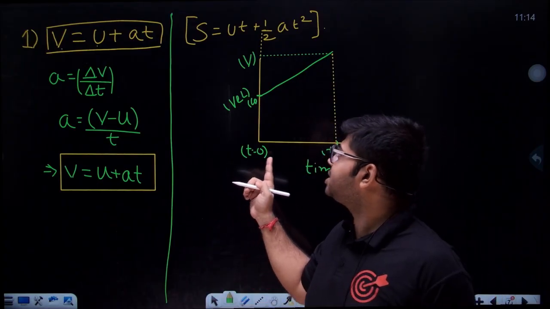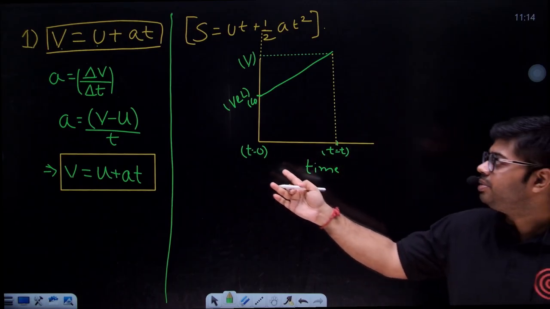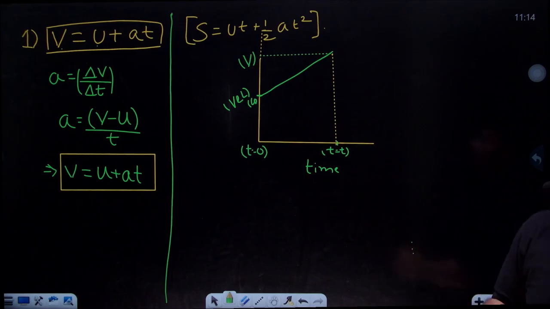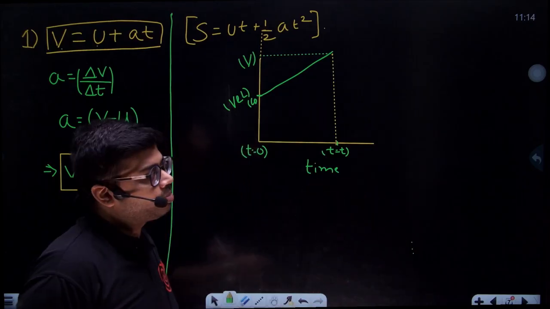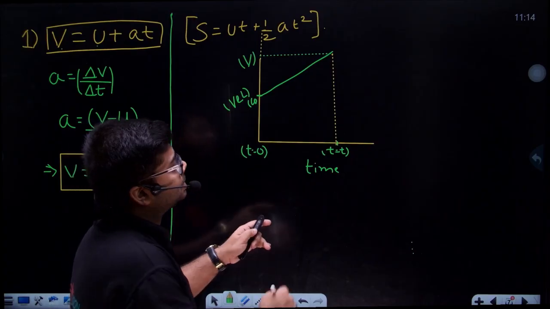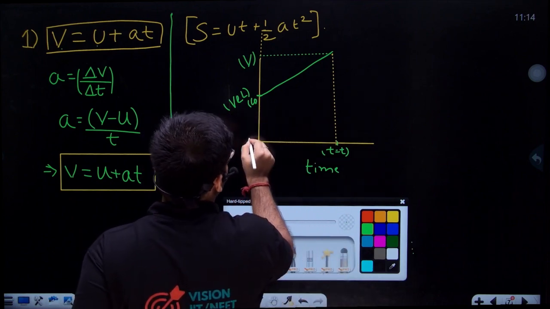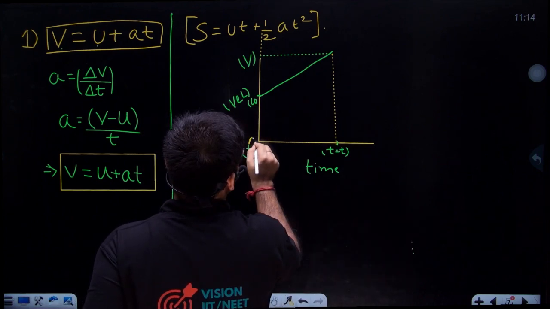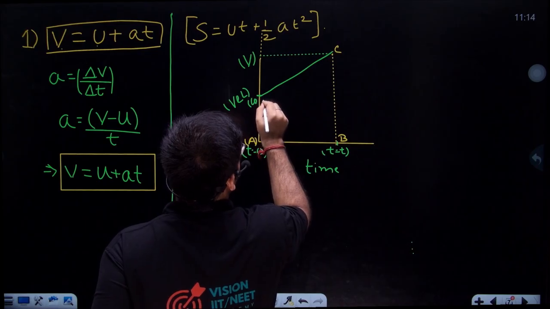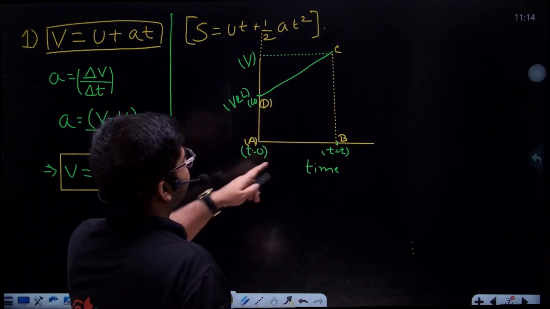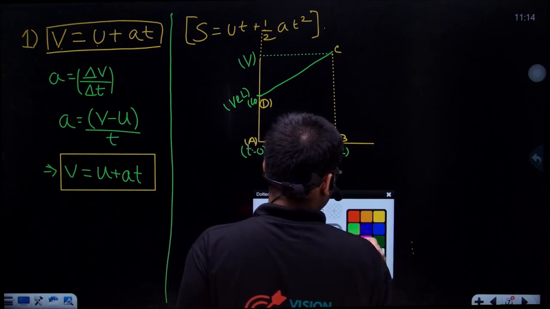So if I ask you from this graph what is the displacement that the body has covered from time t is equal to 0 to t is equal to t, then you will say that sir, the displacement is nothing but the area covered under this curve, that is the area A B C, and if we call this D, then that is the area A B C D. Okay, now if that is the case, then let us see.